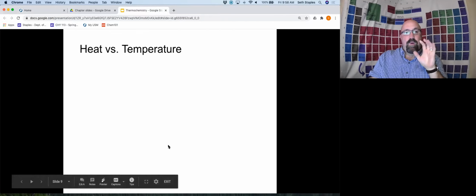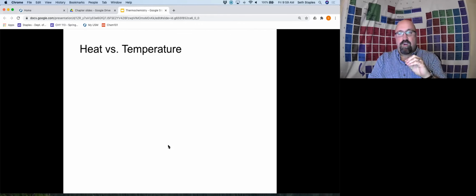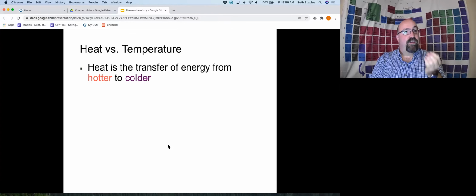And so we're going to use that to differentiate between heat and temperature. Heat and temperature are terms that are quite often used interchangeably, and people confuse the two, but they are very different things. They're related to each other, but they are different. And so remember that heat is our transfer of energy from hotter to colder.